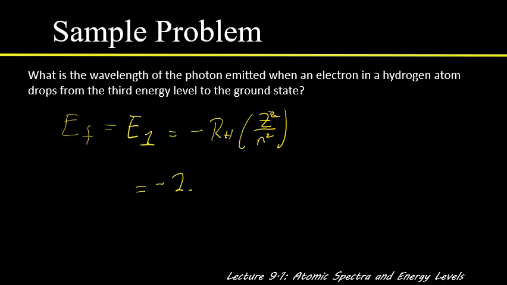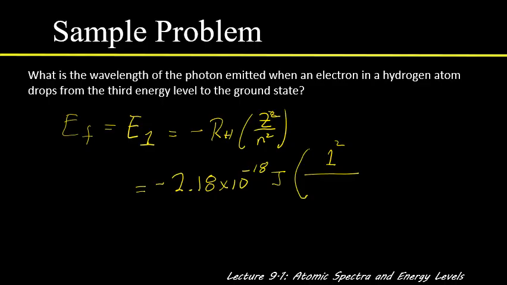Remember our negative sign. Rydberg constant is 2.18 times 10 to the minus 18 joules. And then we need Z and N. Z, because this is a hydrogen atom, Z is the nuclear charge. So for a hydrogen atom, there's one proton. So Z is going to be 1. N is the energy level.